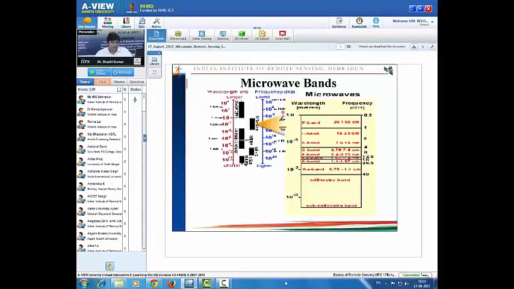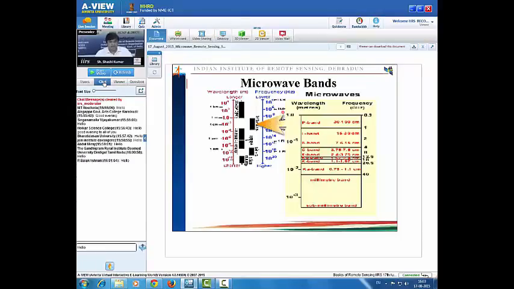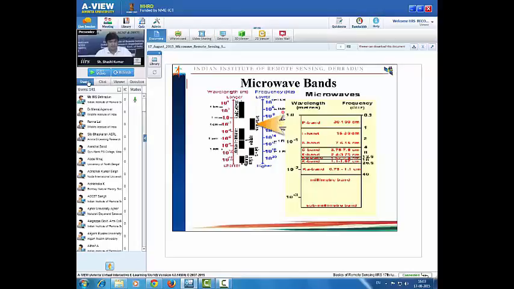This remote sensing technique is subdivided into different categories, and one category is microwave remote sensing. So one can ask, what is microwave remote sensing? From the name it is clear that the remote sensing which is carried out in the microwave region of the electromagnetic spectrum is known as microwave remote sensing.